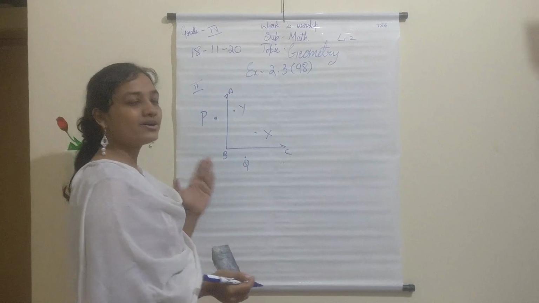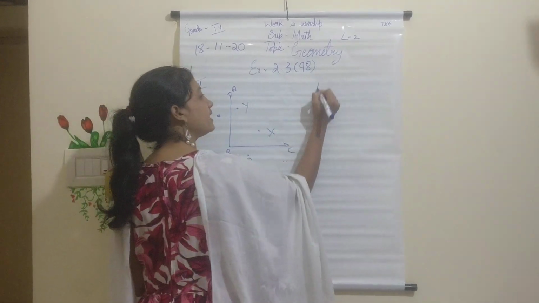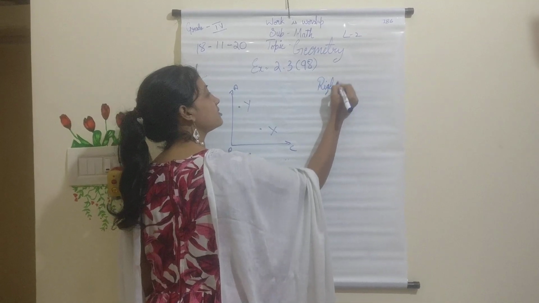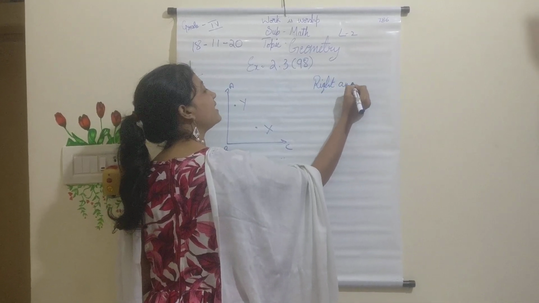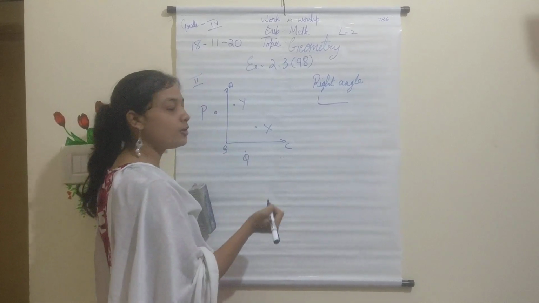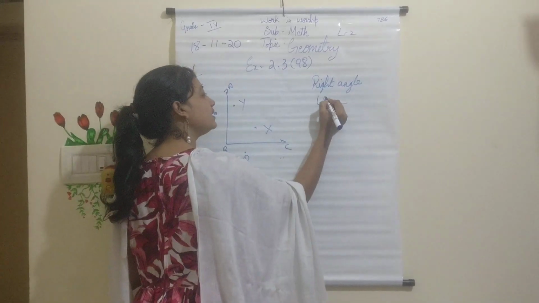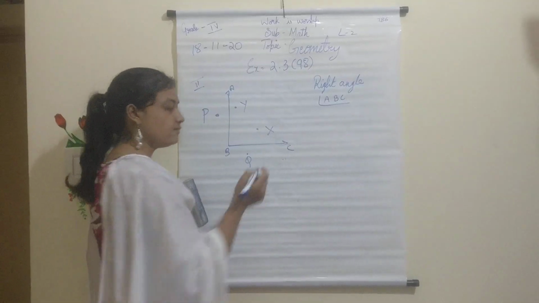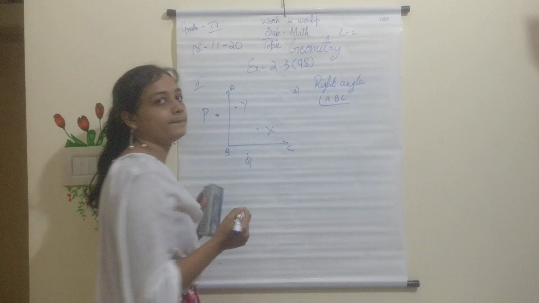This is a right angle. So first write the name of the angle, right angle, and then write it in symbolic form also. It will be ABC.